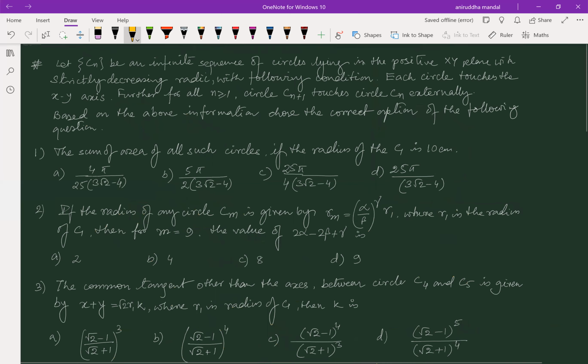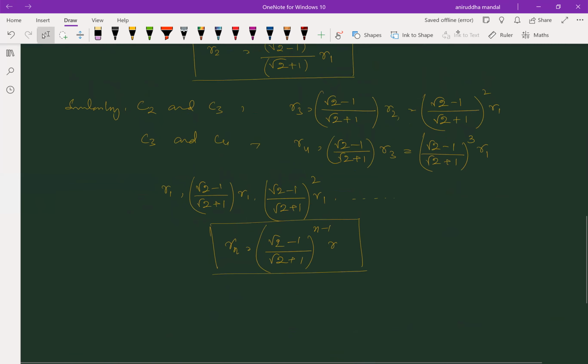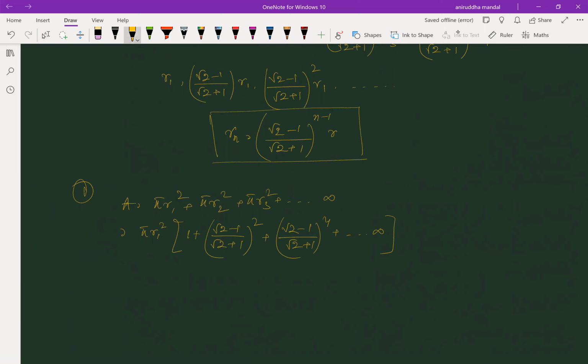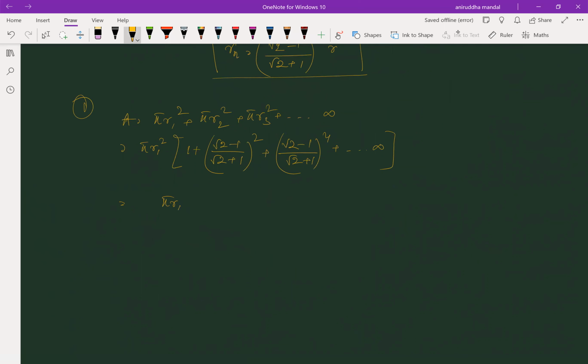The first problem is the sum of area of all the circles. As we know, area equal to pi R1 square plus pi R2 square plus pi R3 square up to infinity. Taking pi R1 square common, R2 square in terms of R1 can be written as ((root 2 minus 1) divided by (root 2 plus 1)) whole square, and R3 square has the whole to the power 4, plus up to infinity.